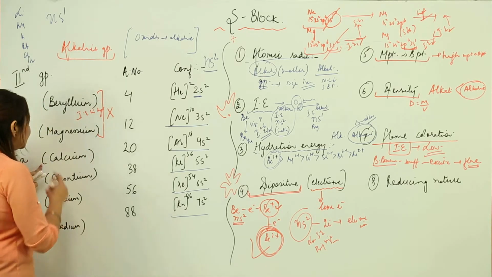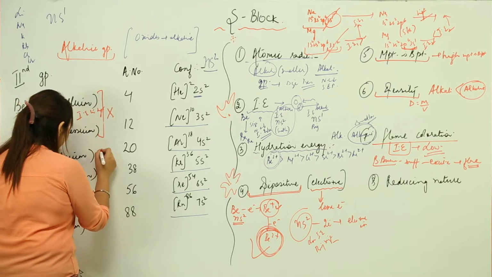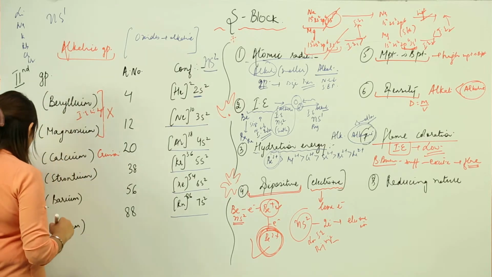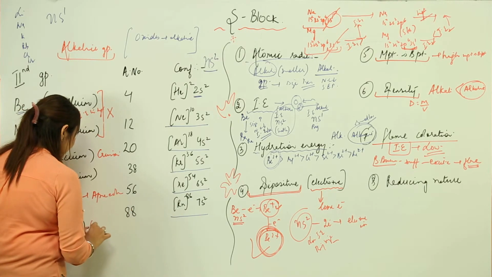If we talk about calcium, you know that the color obtained is something we call crimson, right, and likewise it shows apple green color. It is again crimson.